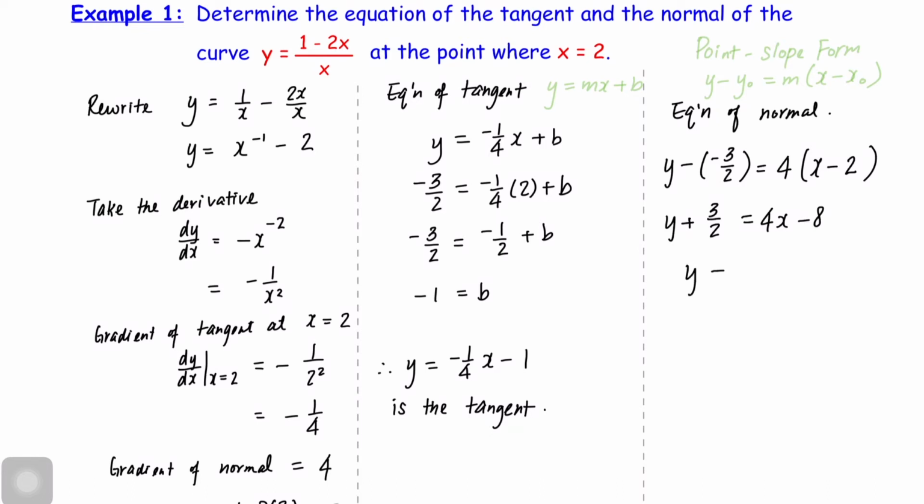And so y is equal to 4x minus 8 minus 3 over 2, or 4x minus 16 over 2, so minus 19 over 2. Okay, that's it. So this is the equation of the normal.